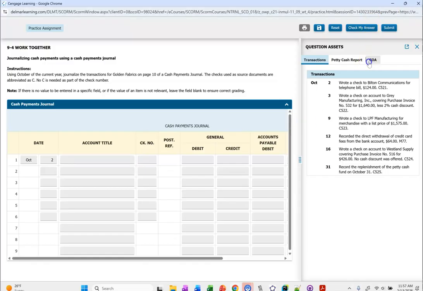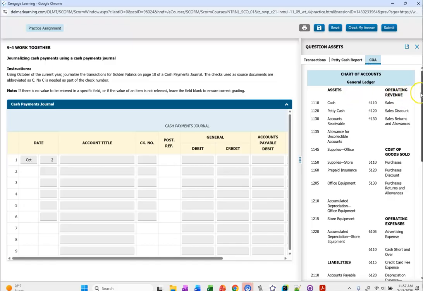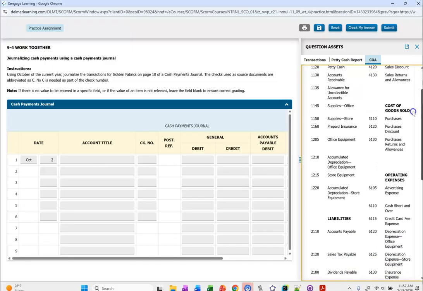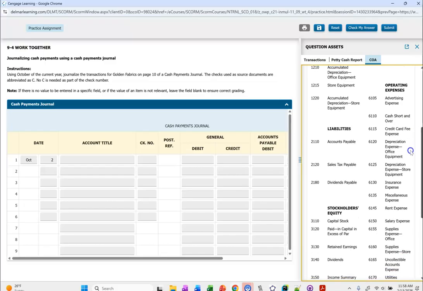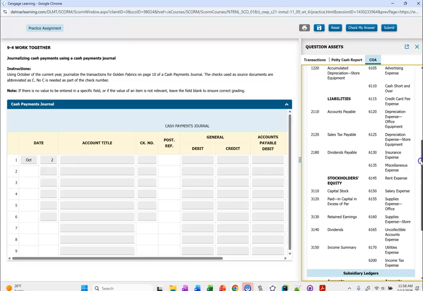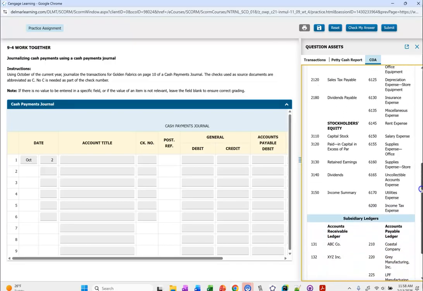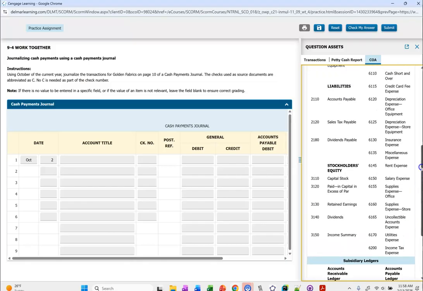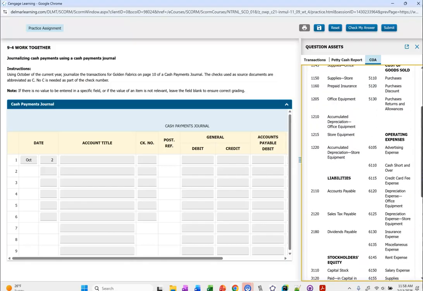So if I go and look at my accounts, and I look at my operating expenses, because that's what a telephone bill sounds like to me. This sounds like a utilities expense, probably. Sound okay to you guys?